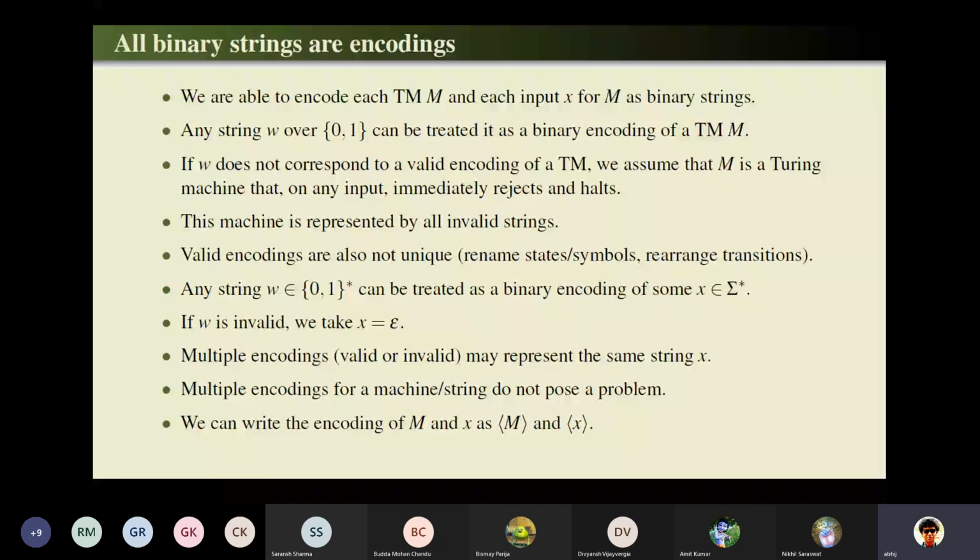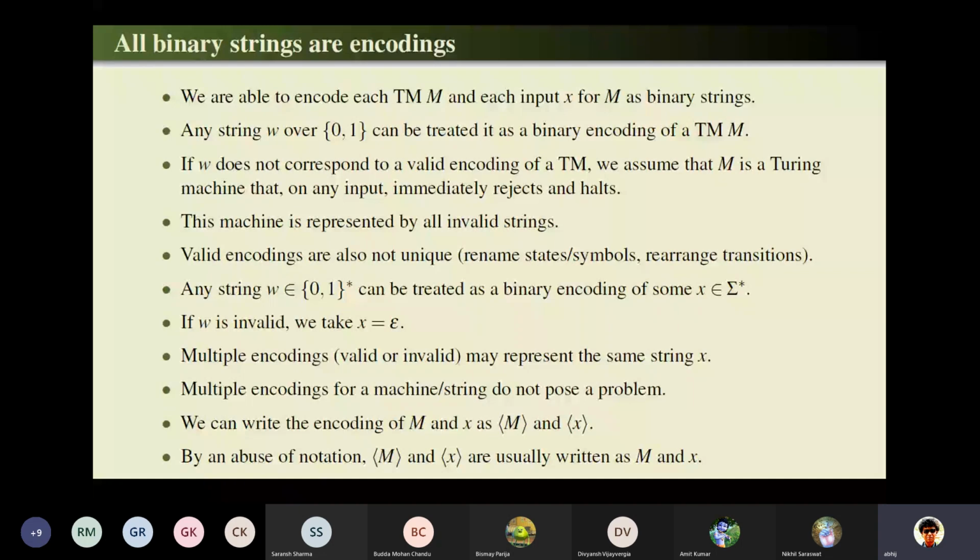But we will more often than not do this. This is basically an abuse of notation. So whenever I talk about M, I mean two things: that physical machine or mathematical entity itself, and also its encoding. The context will make it clear whether I am talking about that machine or its encoding. Whenever I write M and X to the tape of a Turing machine, the so-called universal Turing machine, of course I am not drawing a picture of that machine on the tape.